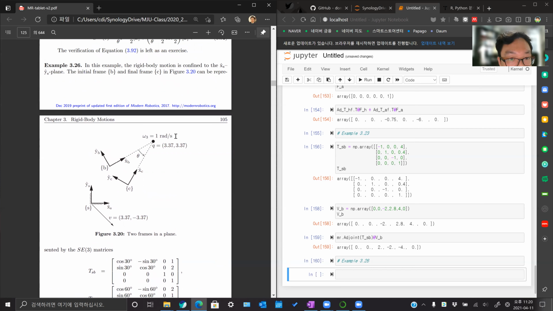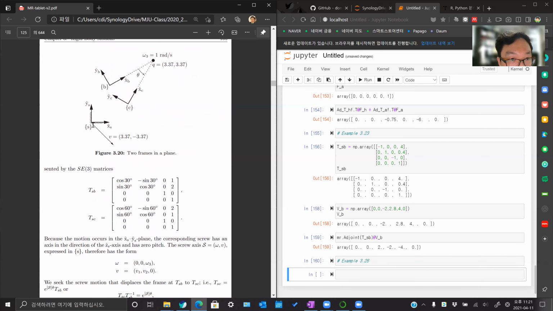Omega_3 is 1 radian per second, and the point q is here, the screw coordinate, and it moves about theta. In that case, the velocity in the S frame V equals 3.37, -3.37. Because this velocity is equal to the angular velocity multiplying the distance. Because the q position is 3.33, it becomes this one.